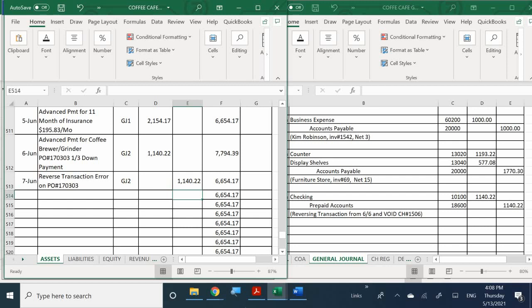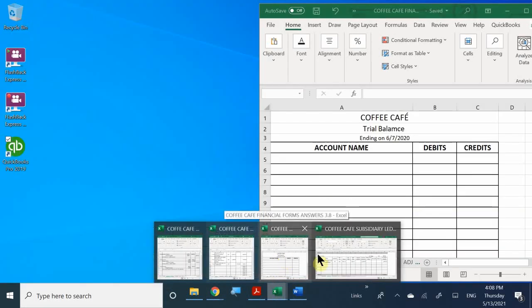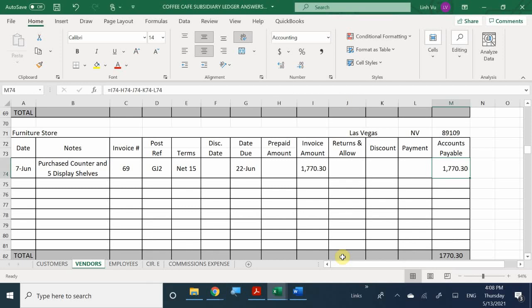We're revoking it. Once you've done that, when you go to the subsidiary ledger, in this case, you don't need to really edit the information here, but you can edit by saying that you voided the check.